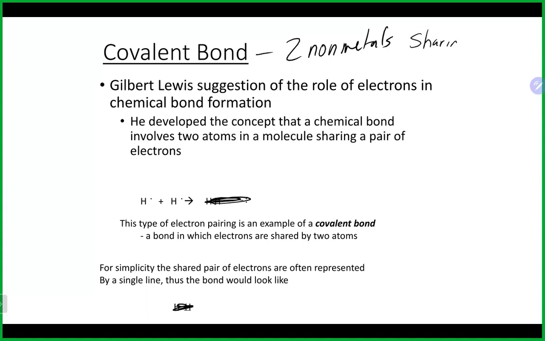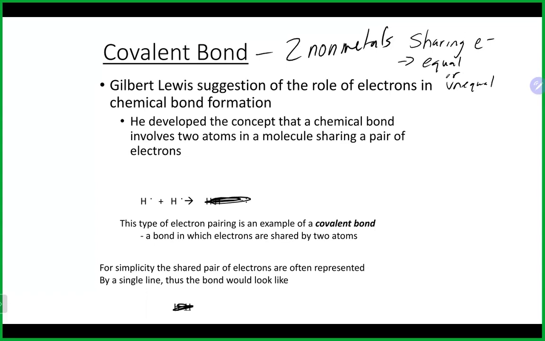And as we will talk about, sharing of electrons may be equal sharing or unequal sharing. But there is some aspect of sharing of electrons here, and that is very different than ionic bonding, where there is no sharing of electrons. We're just going to see those electrons transfer from one side to the next.